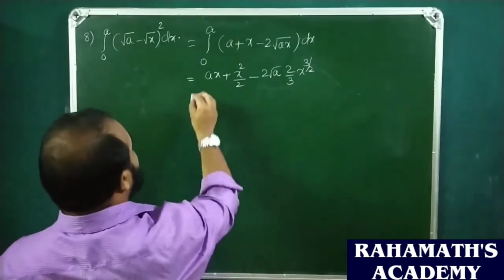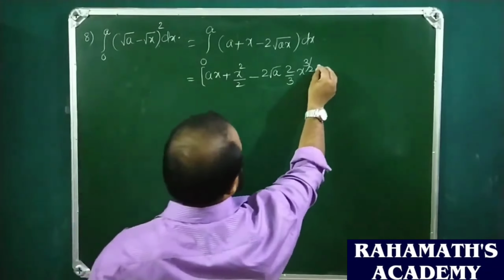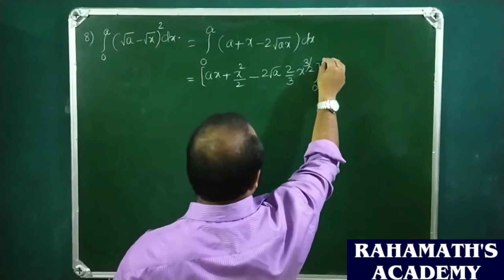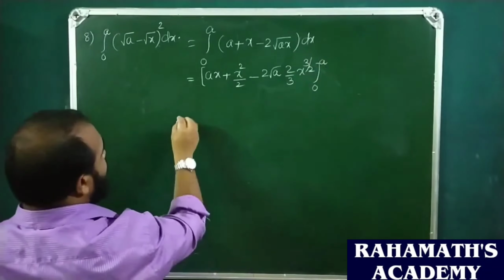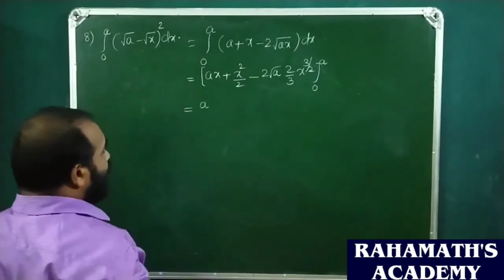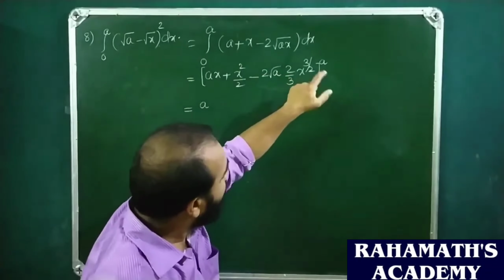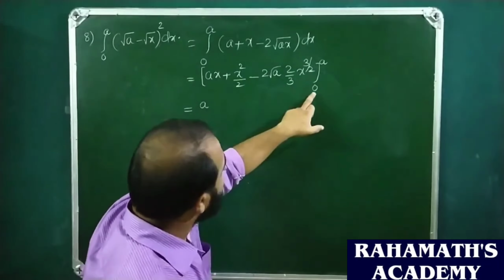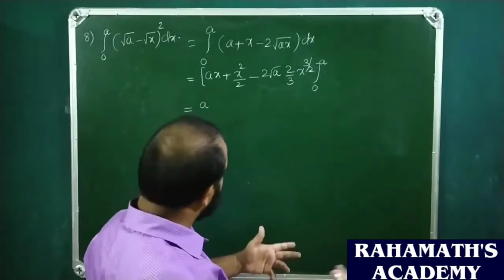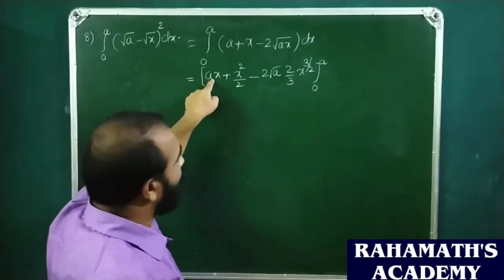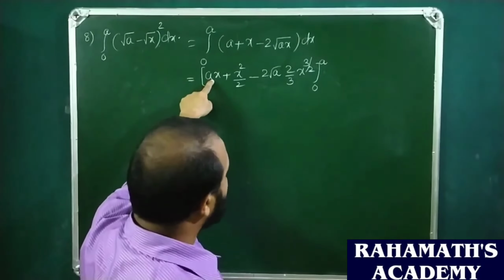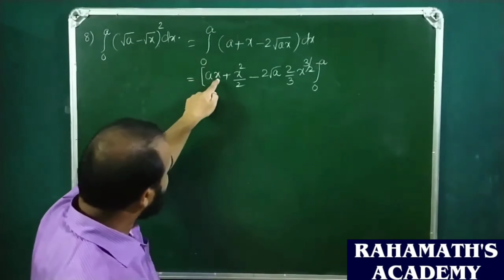Integral root x dx is 2 by 3 x power 3 by 2. Since the process of integration is over, we need to write here the upper limit as well as the lower limit. You can substitute the upper limit as a whole, minus the lower limit 0, for all this. Otherwise individually also you can substitute upper limit minus lower limit wherever you find x.